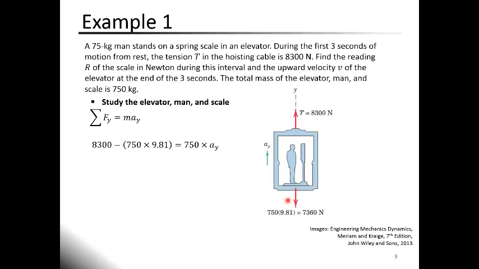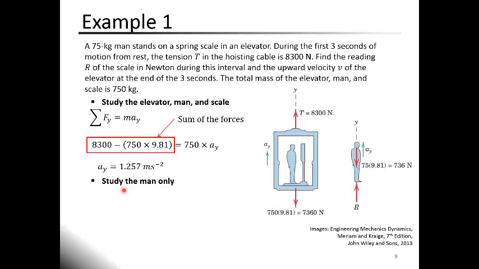It is going down, that's why it's negative, and this is equal to the mass, which is 750, multiplied by a sub y, which is the acceleration in the y direction. The left-hand side here is giving us the sum of the forces. If we calculate the acceleration here, a sub y, the acceleration in the y direction is 1.257 meters per second squared. And because the forces are constant, the acceleration is constant.